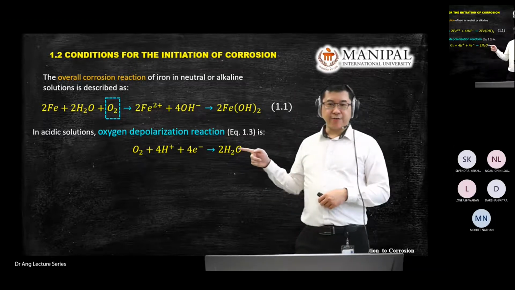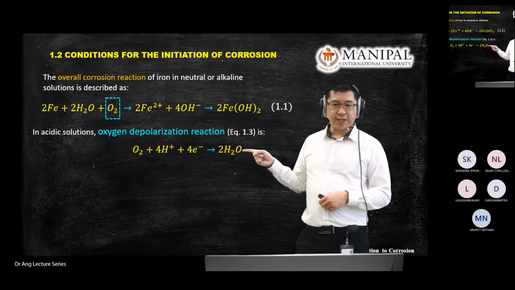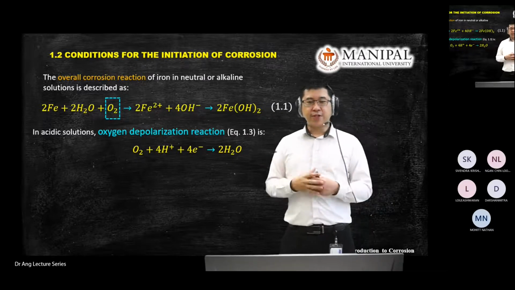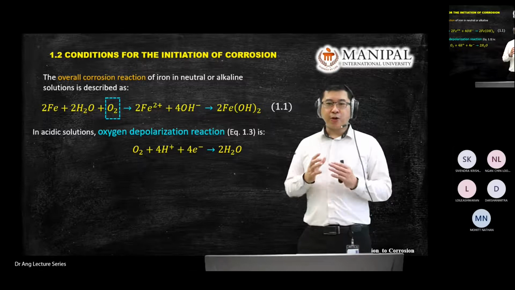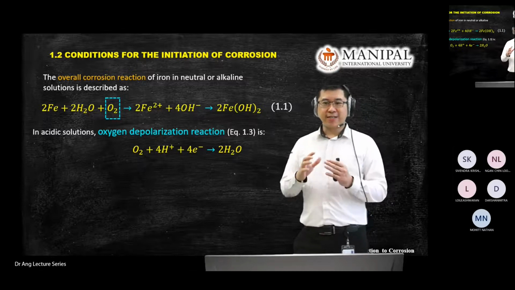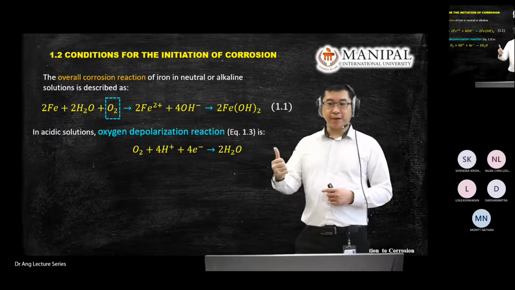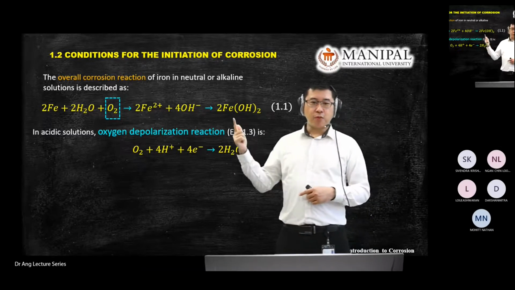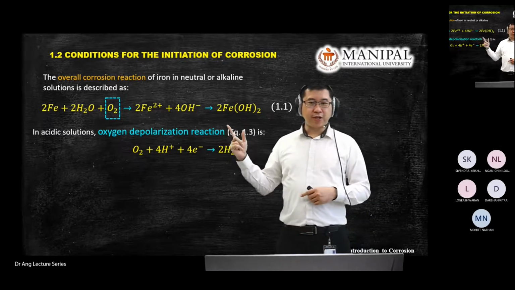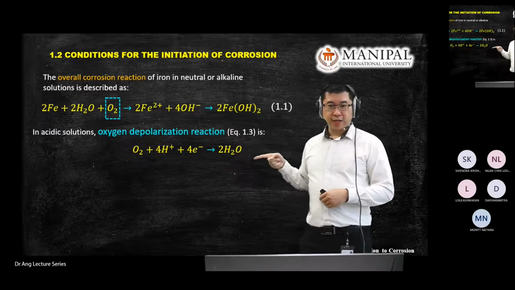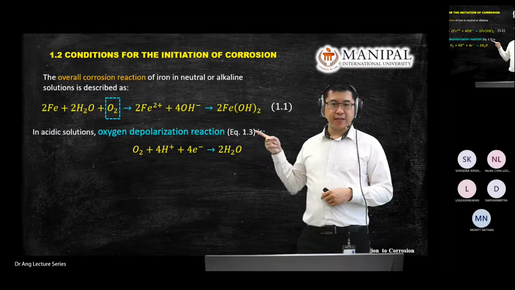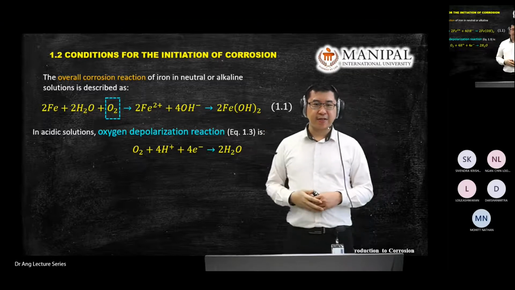Try to link this information with the corrosion process up there. Again, ask yourself, how does the corrosion process start? You need metal. You need environment. In this case, if you have water, you have oxygen, corrosion is going to happen. This is the process that contributes water in the corrosion process.